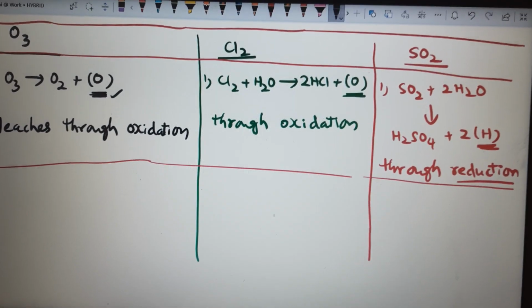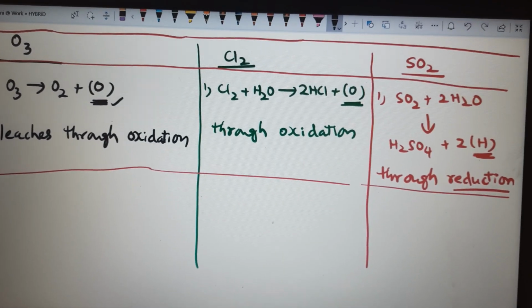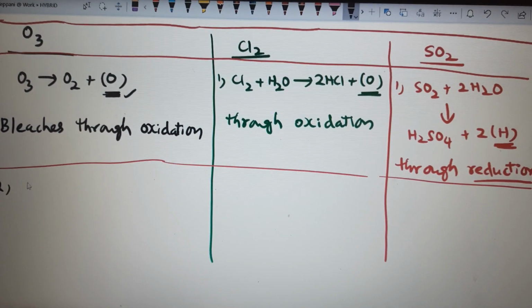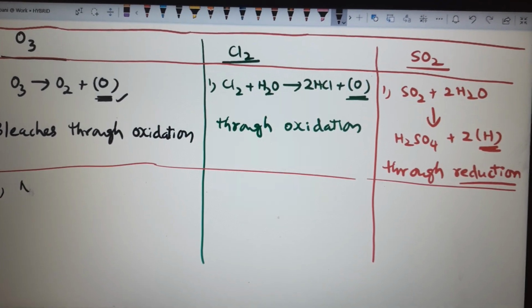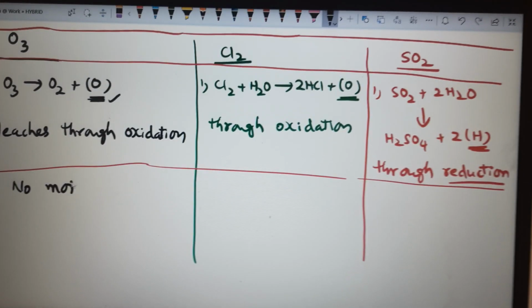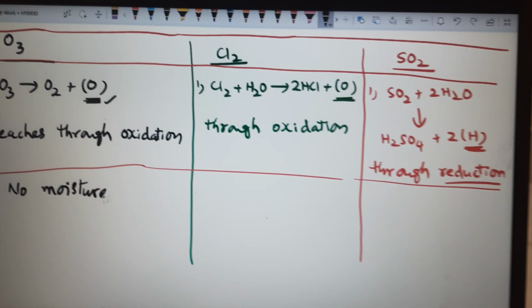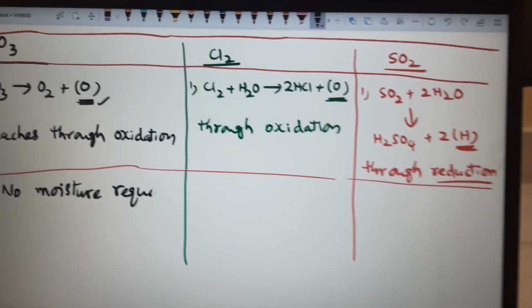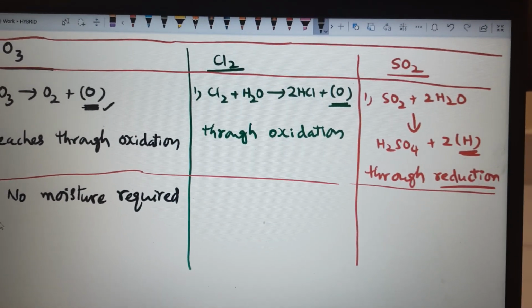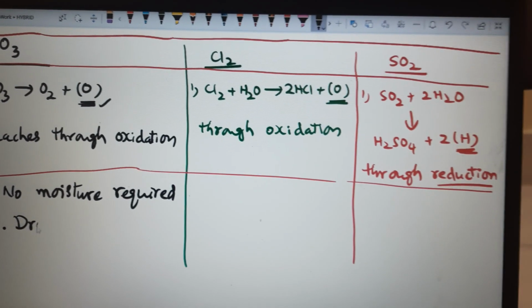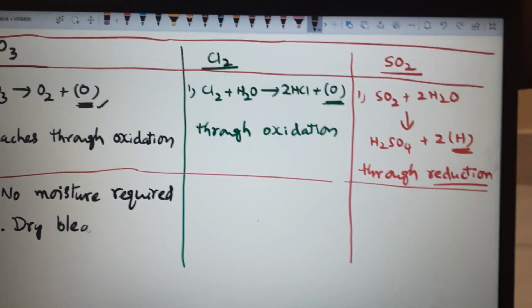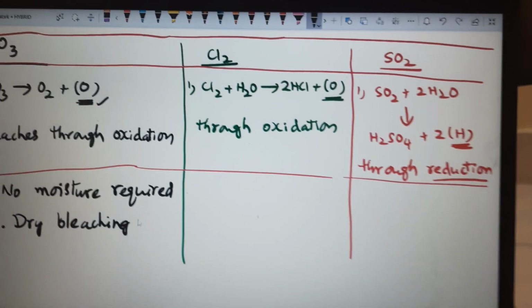Now here moisture is not required in the ozone case, no water or moisture required. So it is a dry bleaching agent.